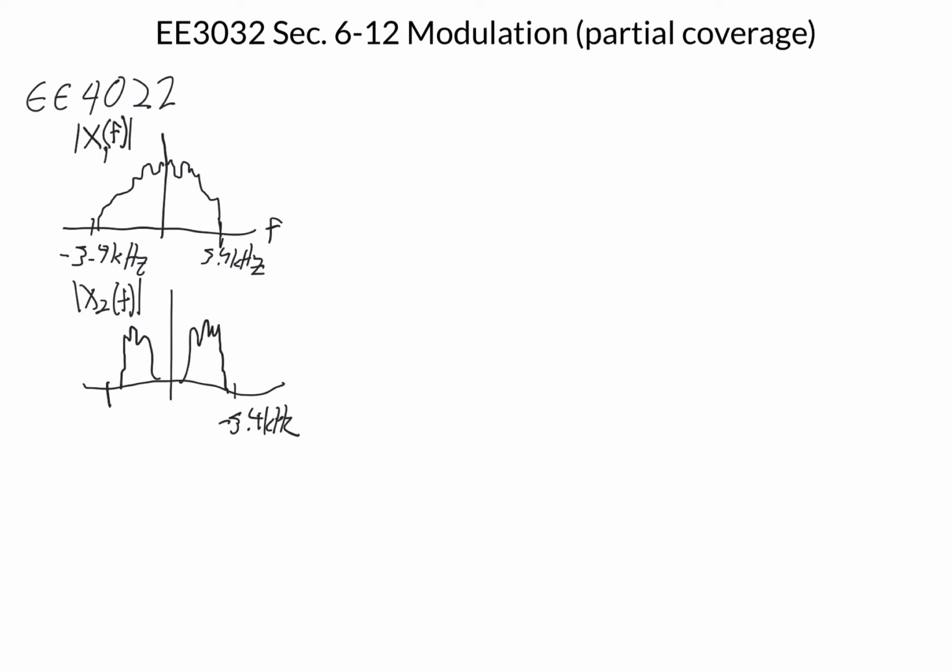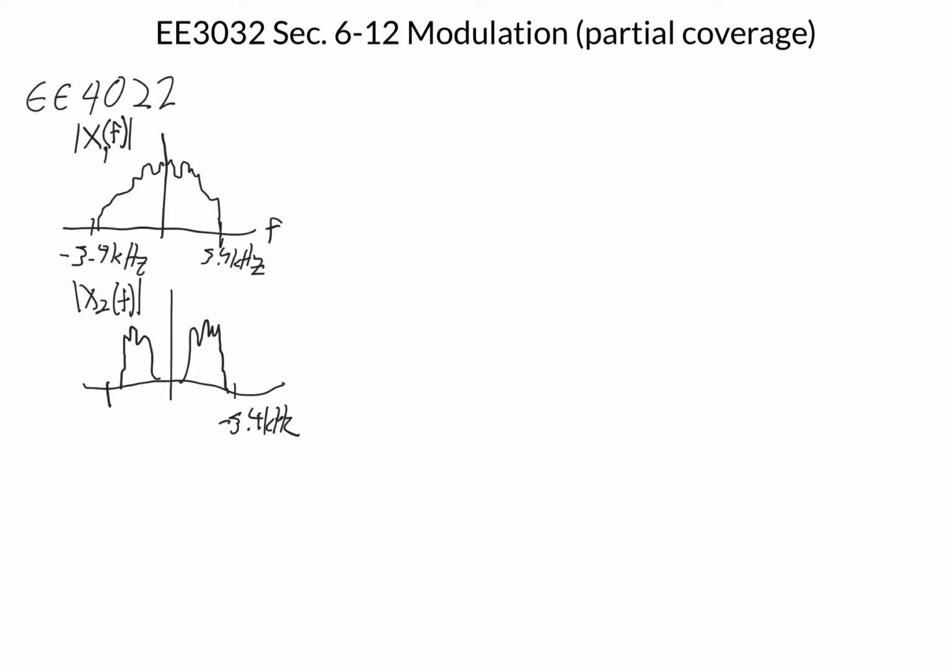Now, here is the point of modulation. When I transmit this signal over most media, I am not able to use these low frequencies down to DC and up to low frequencies such as 3.4 kilohertz. You know, on Wi-Fi, we're talking about signals being transmitted at frequencies around 2.4 or 5 gigahertz typically.